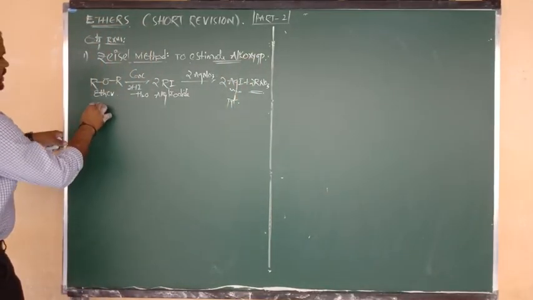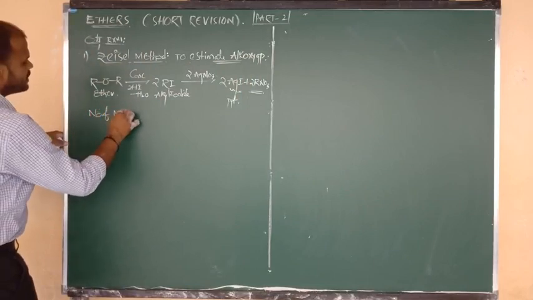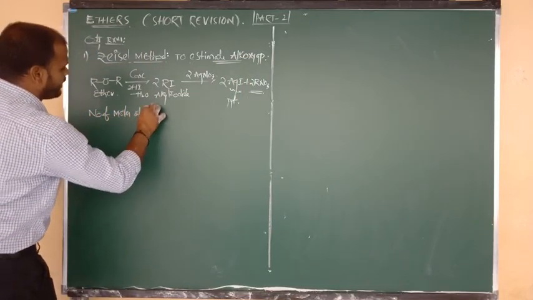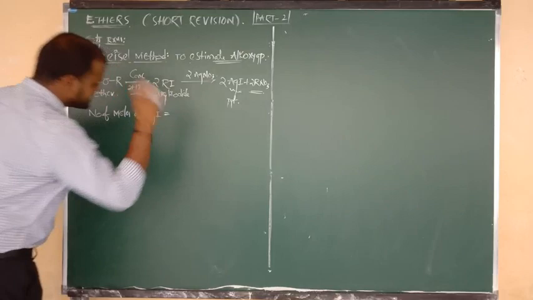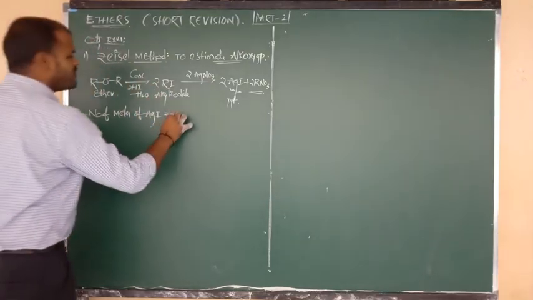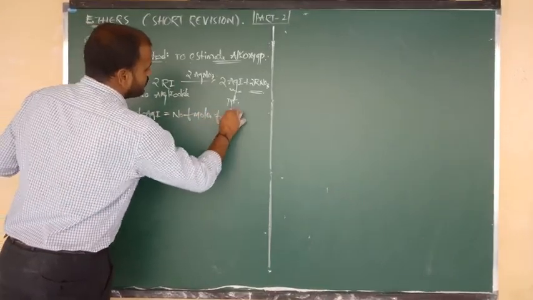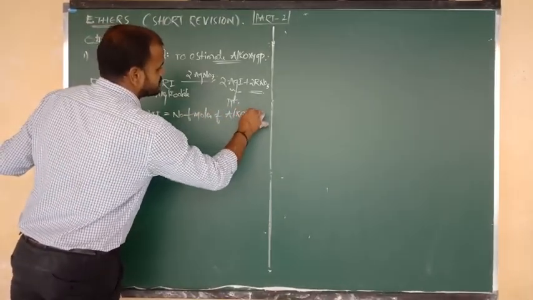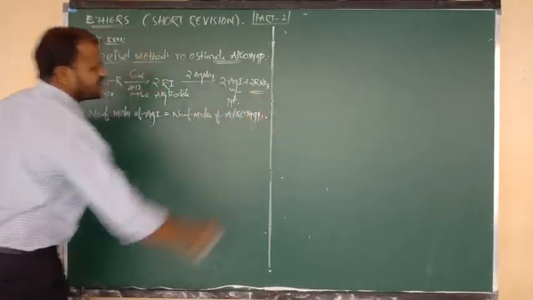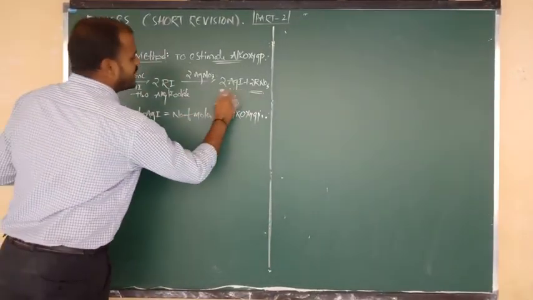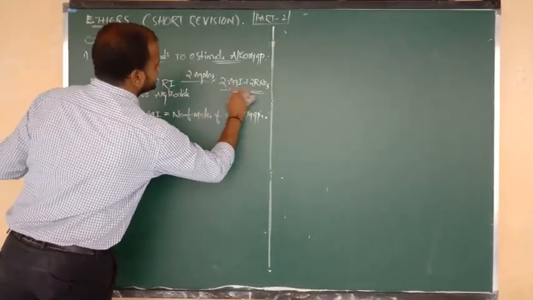Sir, how to estimate the number of alkoxy groups by using this GCL method? So try to remember. The concept is: number of moles of AgI is equal to the number of moles of alkoxy groups. So how many moles of AgI are you getting here? 2 moles of AgI.